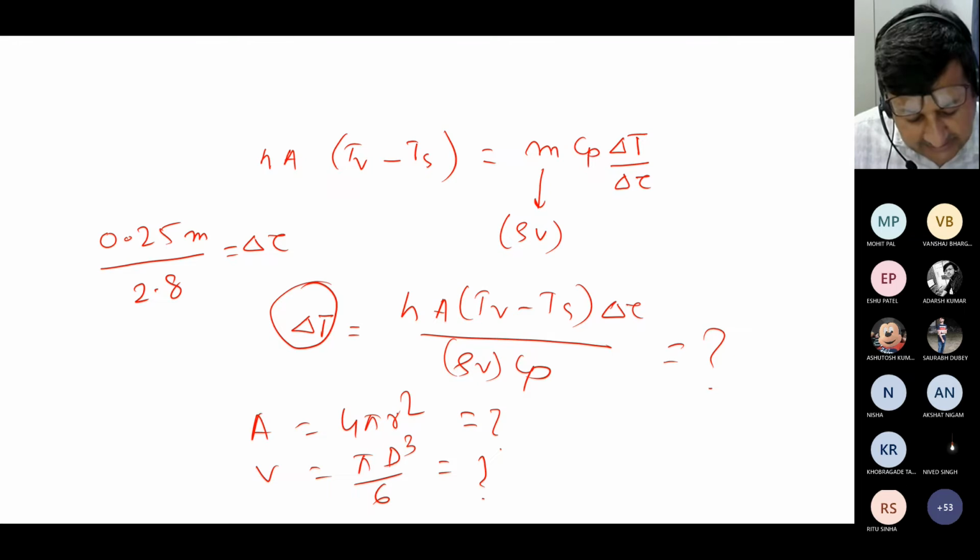So what is area coming out to be? Anybody has done it? 0.0032. Yes.